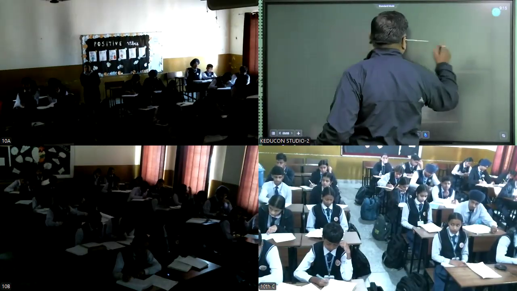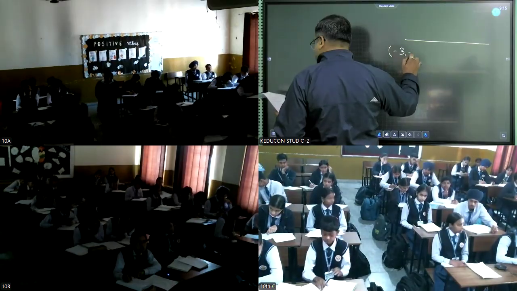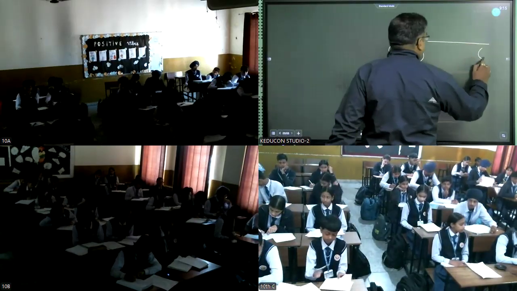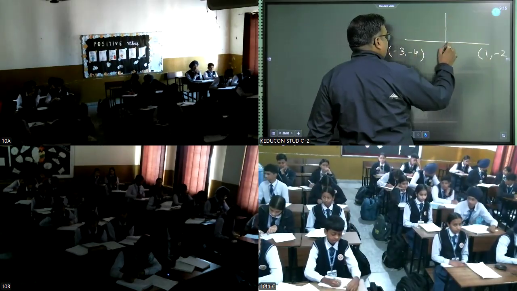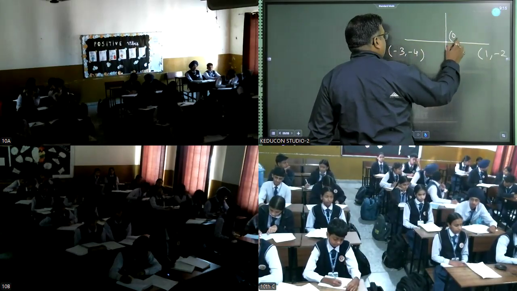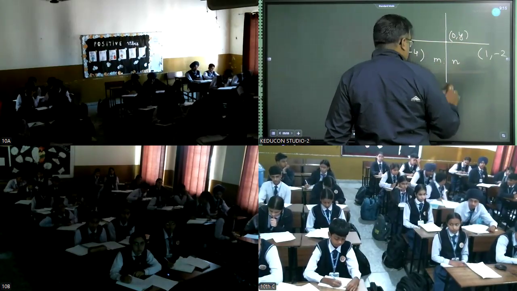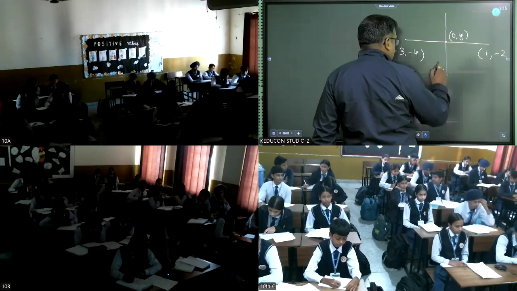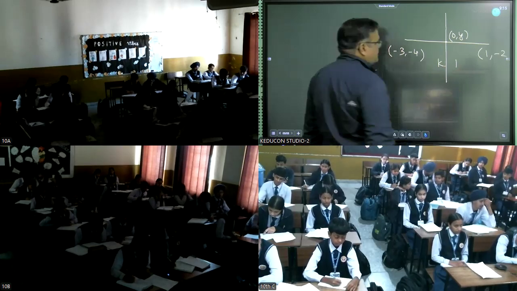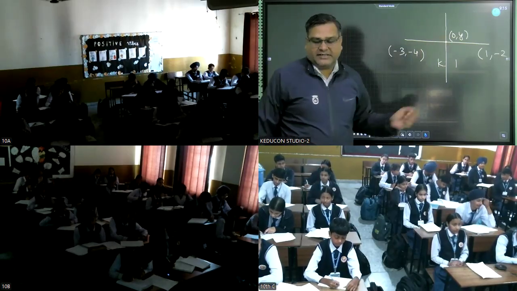Let's say this is the point dividing the segment, and it will be (0, y). So you have to find the ratio. Take the ratio k to 1, and equate the x-coordinate to 0.